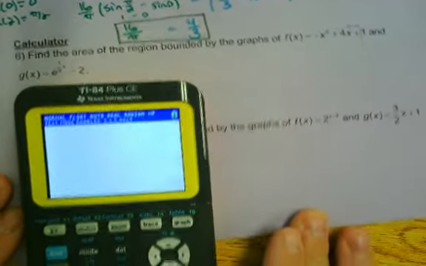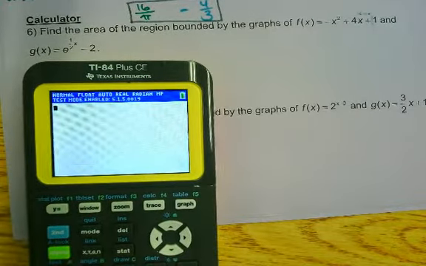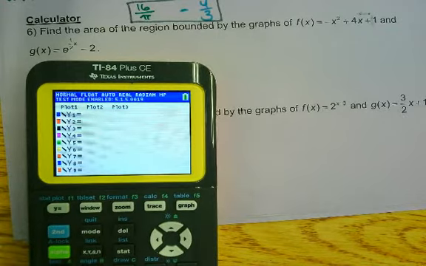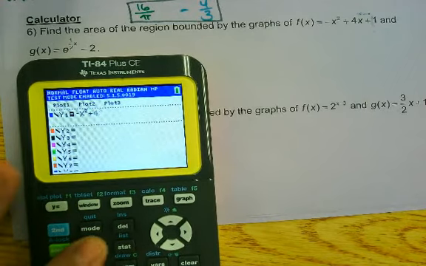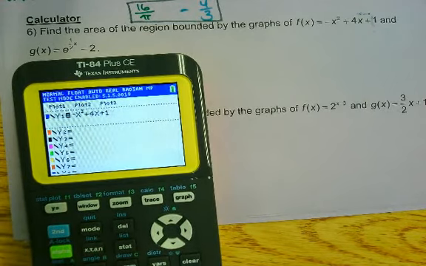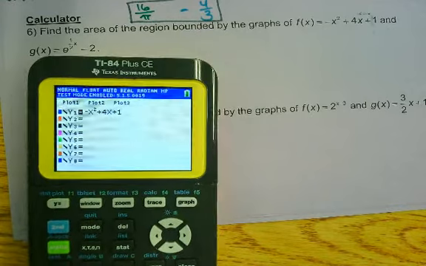Okay. What I'm going to do for this one is plug both functions into my y equals. So let's go ahead and do that. Negative x squared plus 4x plus 1. That's y1. And what's really nice about these calculators is they're color-coded, so you can tell which one's which.